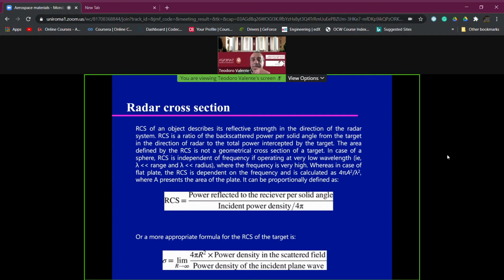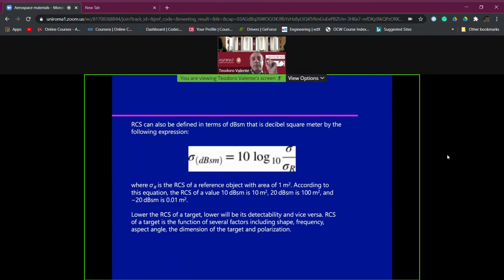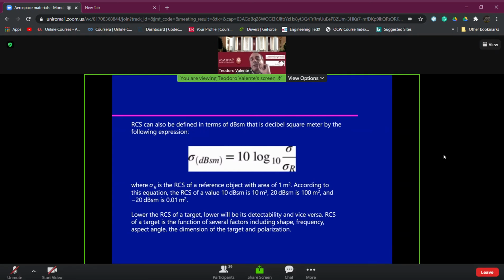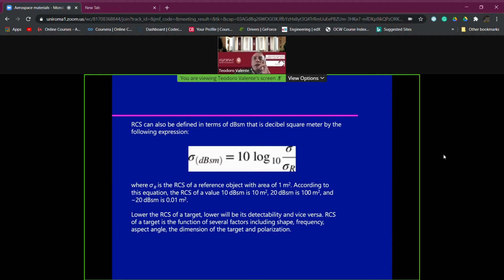There are also other mathematical definitions of, let me say, the RCS, like the last one, which is reported here. But this is a very important concept. It can also be defined, and this is sometimes very used, in terms of dBSM, that stands for decibel square meter, by the expression which is reported there.